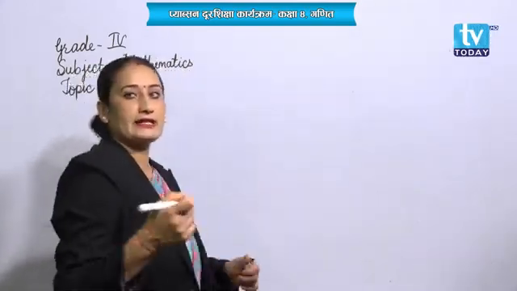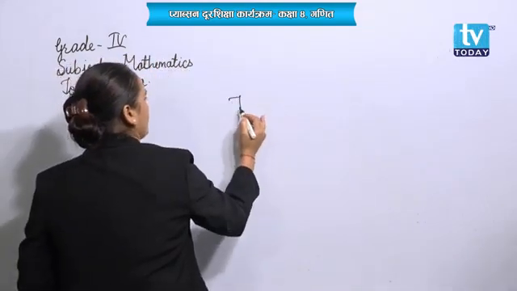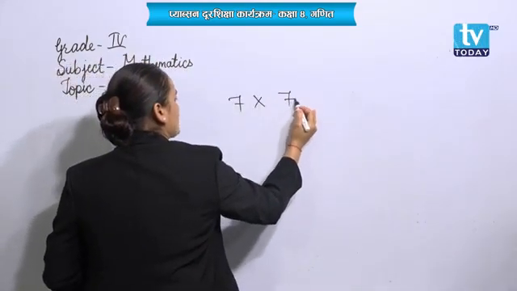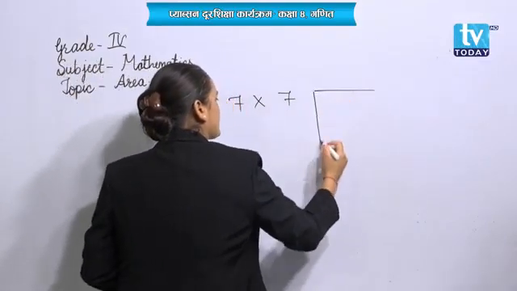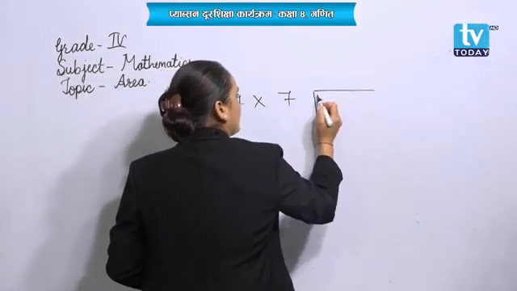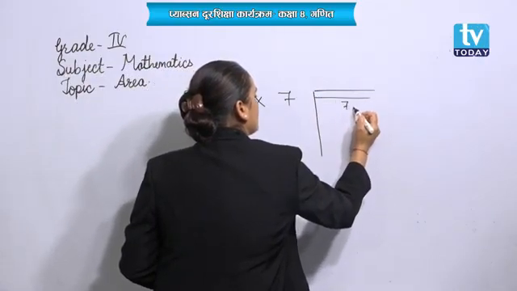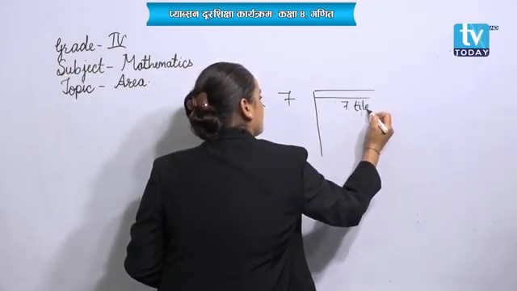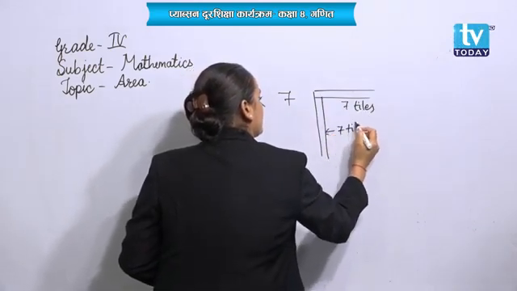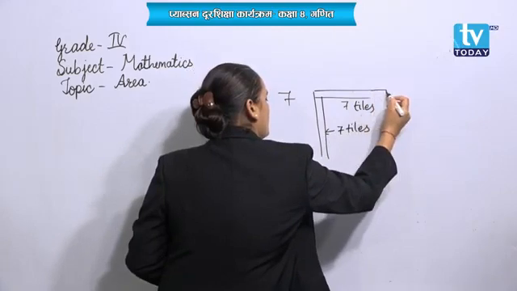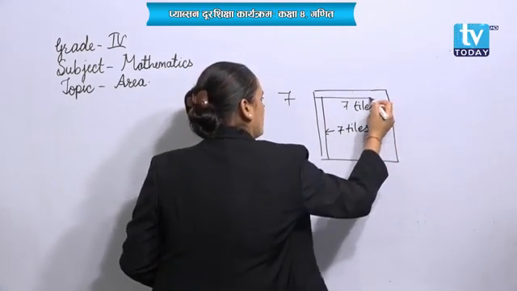You can see over here also, student. The solution is 7 into 7. That means 7 is going on this side and 7 is coming on this side. Here are 7 tiles, and this side also 7 tiles. Now you need to fix the total land.